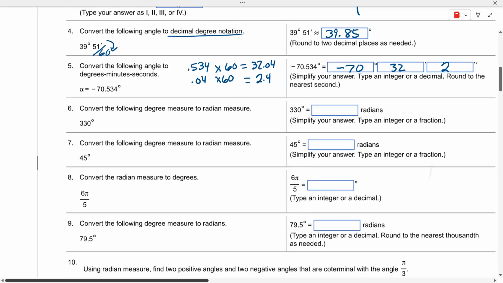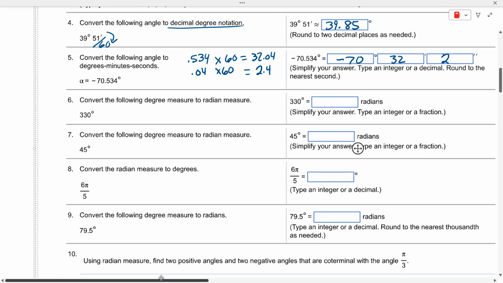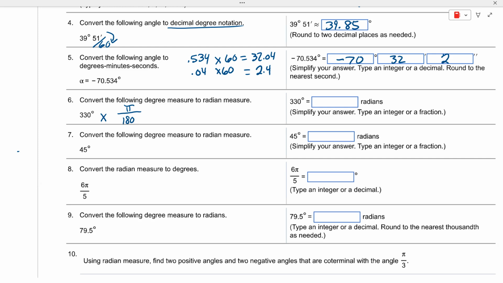Okay, converting to radian measure. When you're going to radian measure, you're multiplying times the radians, which is pi, divided by the degrees, which is 180. Because in a full circle, there's 2 pi radians and 360 degrees. So we just go half a circle so the numbers aren't so big. Okay?